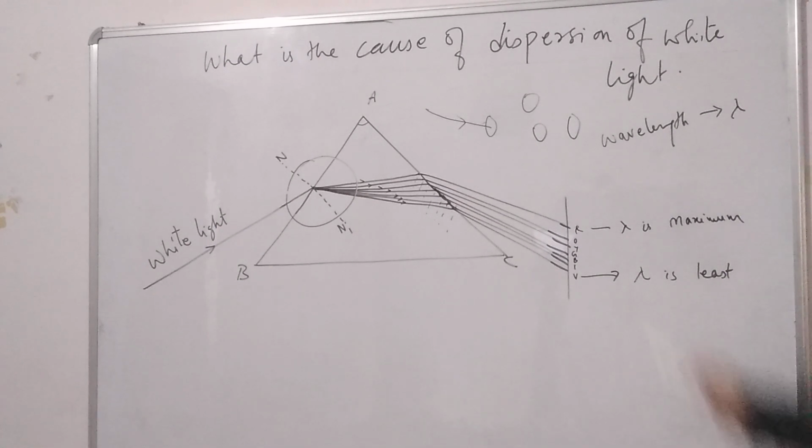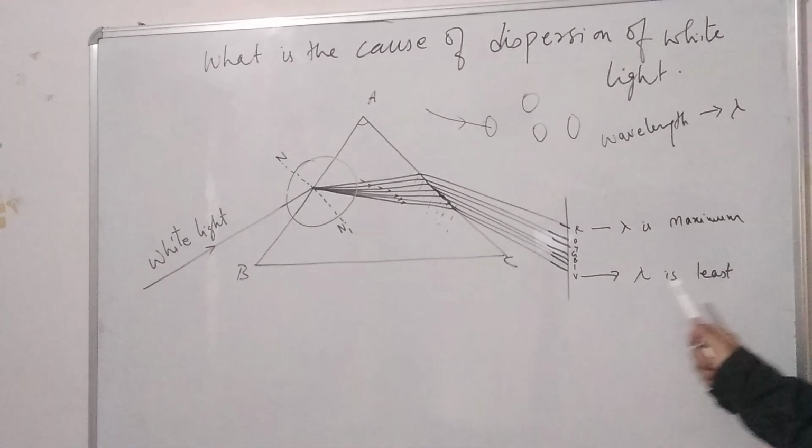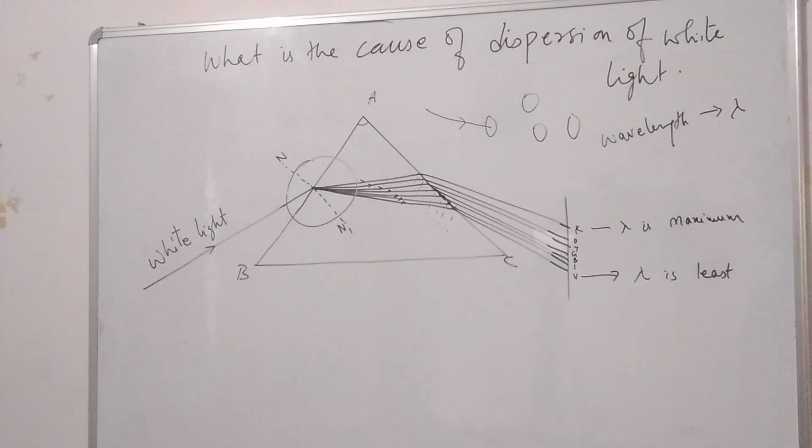Here we see that red color deviates the least and violet color deviates the most. And red color has maximum wavelength and violet color has least wavelength.